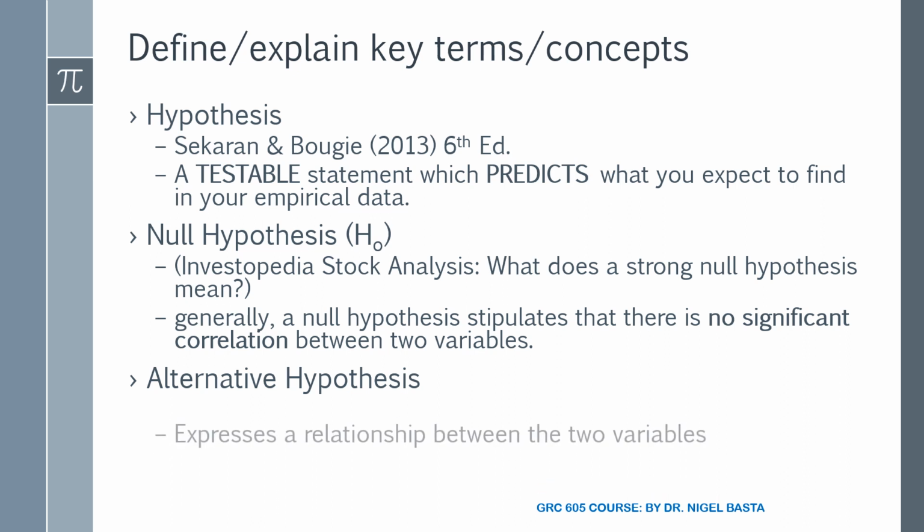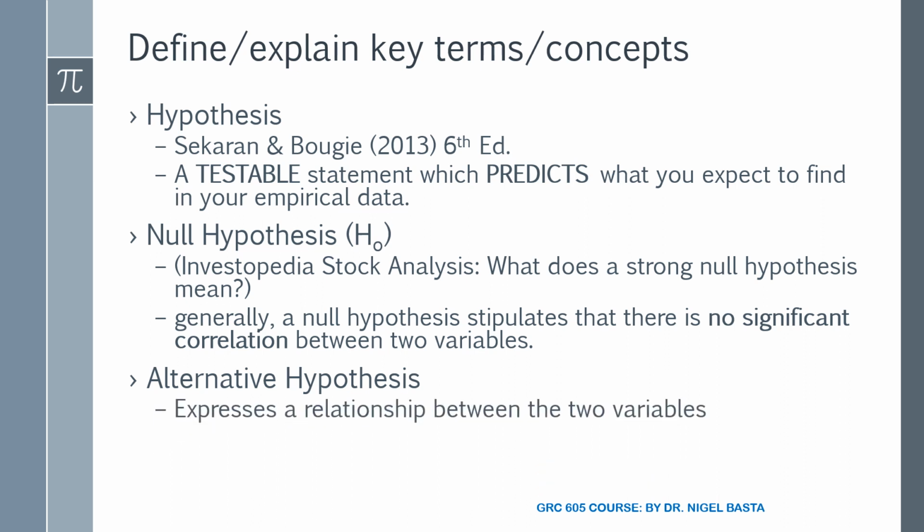Unlike the null hypothesis, the alternative hypothesis expresses the relationship between the two variables. Again, if we go back to our example of bananas, an alternative hypothesis is expected to predict that there is likely to be a difference in the state of the bananas depending on where they are stored, indicating that there is a clear correlation between the two variables, the state of the bananas and the condition of storage, thereby rejecting the null hypothesis.